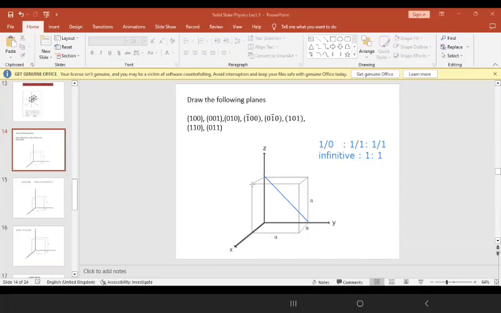And x-axis infinity, so that does not cut at any point on the x-axis. This is your plane. Okay, so I think you all have understood very well.